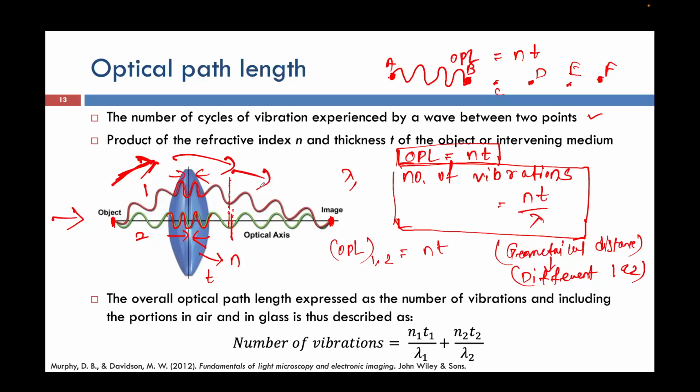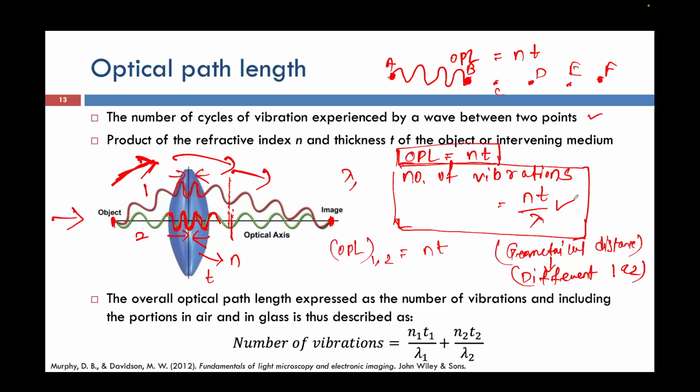But here the velocity decreases a little bit, so it goes a little more slowly. Though it covers less geometrical distance, the optical path length traversed by beam 1 as well as beam 2 is the same. And the formula for the number of vibrations, as I have told, is nt by lambda.